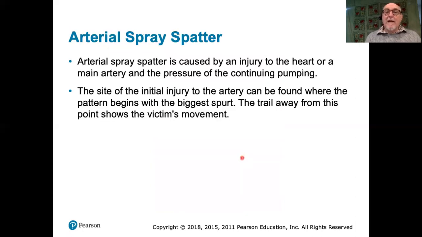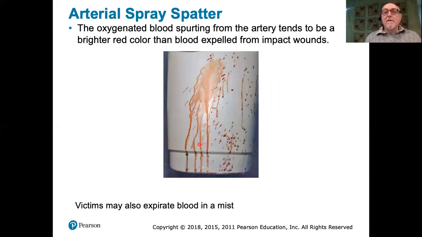Arterial spray, I've explained the origin, and they can demonstrate movement of a victim. This arterial spray may continue for a considerable time while the victim is still alive, and they can show the victim actually moving themselves or being moved around a crime scene. And this is a typical pattern here.